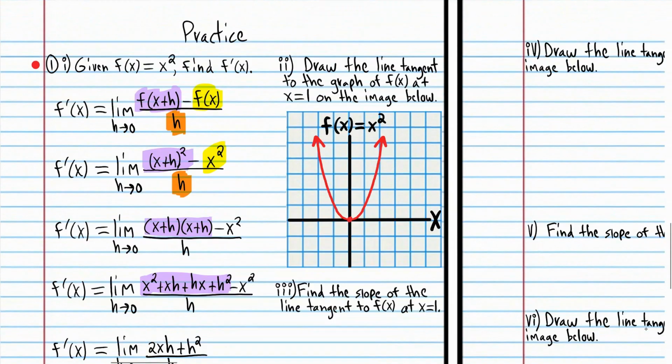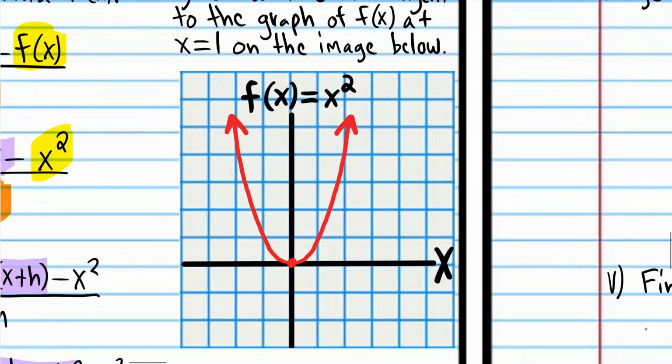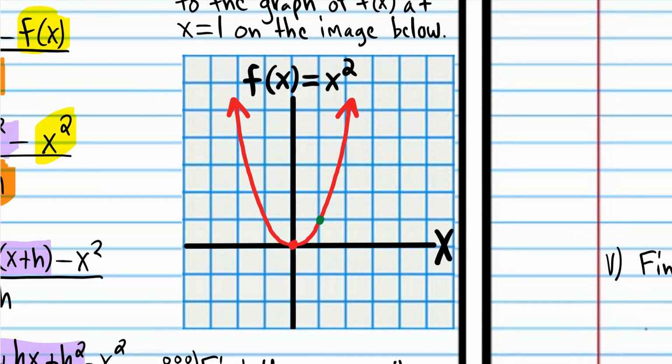So in order to demonstrate, it says up here, draw the line tangent to the graph of f of x at x equals 1. So we're just using x equals 1 as an example. If we move out 1 unit in the horizontal distance, then that corresponds to this point, right? That point has an x value of 1.